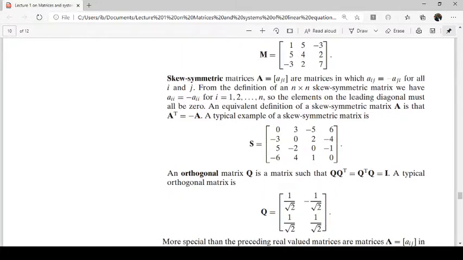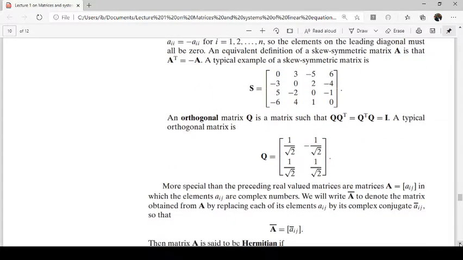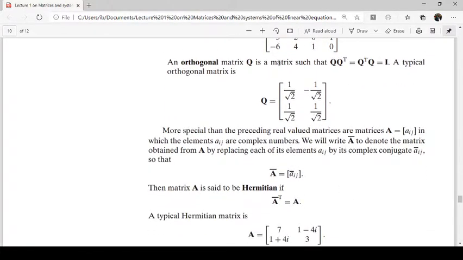Now, an orthogonal matrix Q is defined as a matrix where I multiply that matrix by its transpose, which equals the transpose of that matrix multiplied by itself, and it gives you the identity. Such a matrix is what we call an orthogonal matrix. This is an example of an orthogonal matrix. You can confirm that yourself.